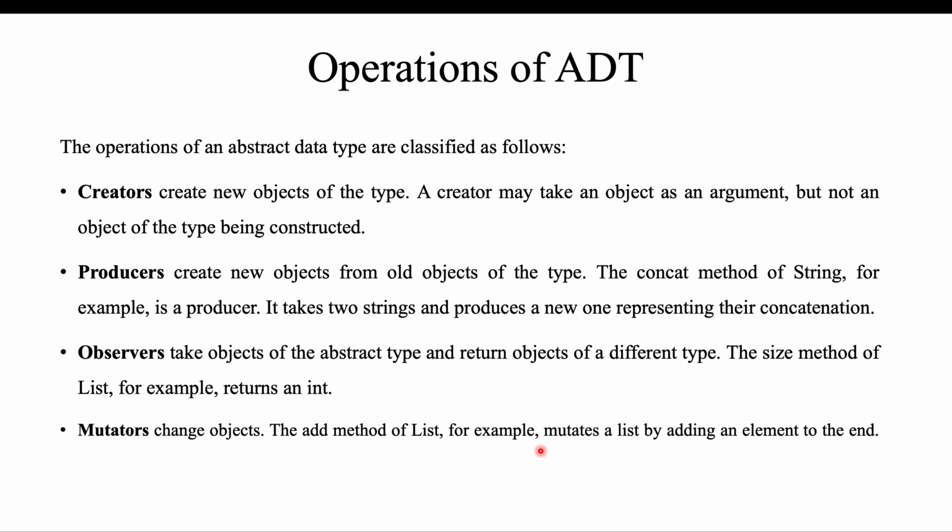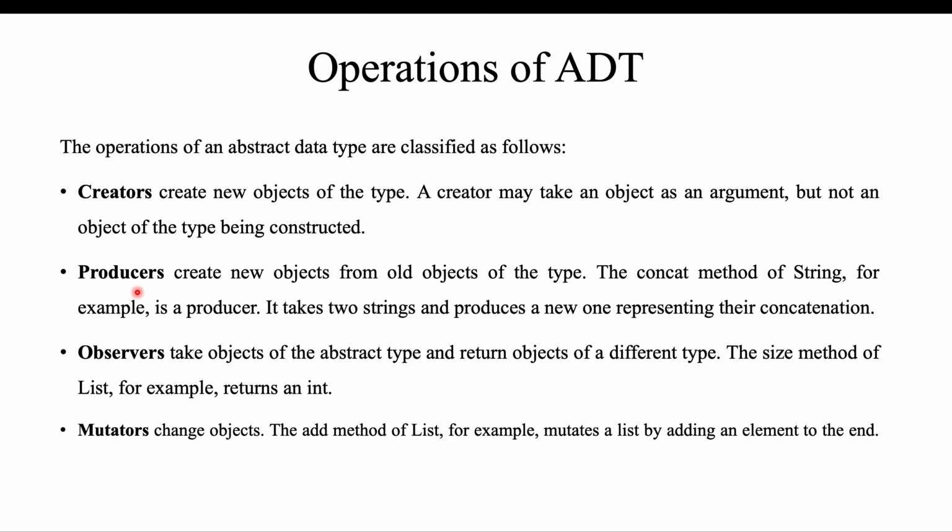Talking about the different operations of ADT, there are 4 different operations. One is known as the creator, second is the producer, third is the observer, and the fourth is the mutator. Creators create new objects of the type. A creator may take an object as an argument, but not an object of the type being constructed.